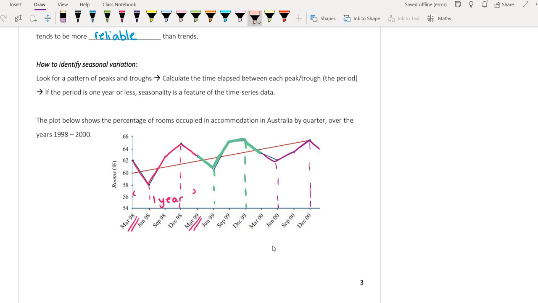This one over here is looking at every season. So there's 4, so every quarter. Here there's 4 data points for just 1998, and then there's another 4 for 1999, and so on. So we're looking for less than a year.